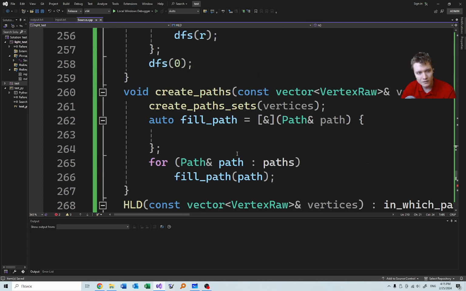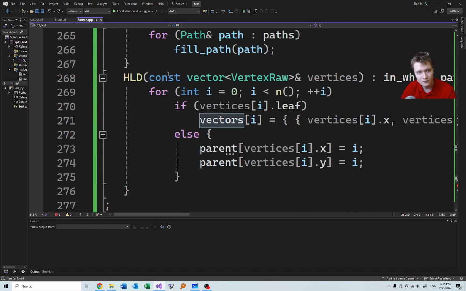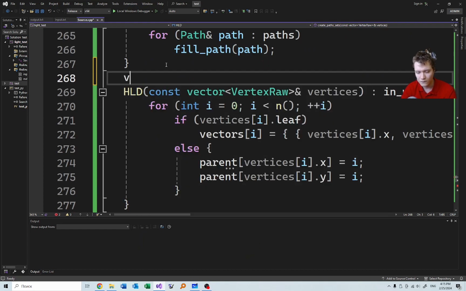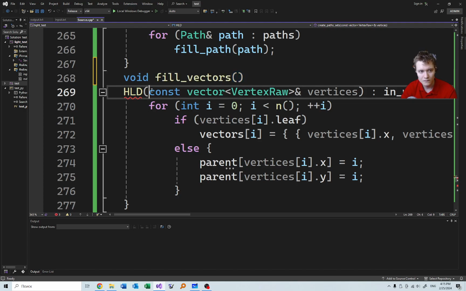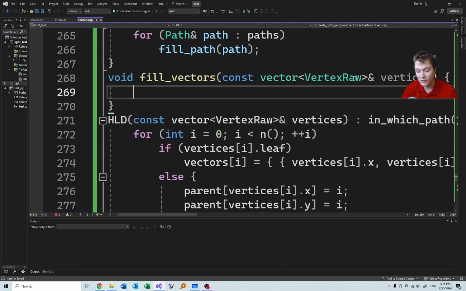So we can do it in a separate function. So void fill vectors. And this is one more DFS.